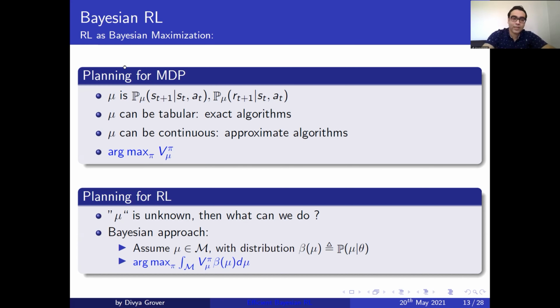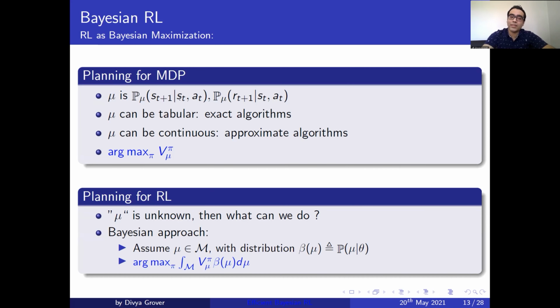Let's recall, when I discussed planning for an MDP, or deciding what's the best action, I told you that there is a fixed mu, which is an MDP. It has the state set and action sets, which is trivial. But the important part is that you have access to the probability distributions of the environment.